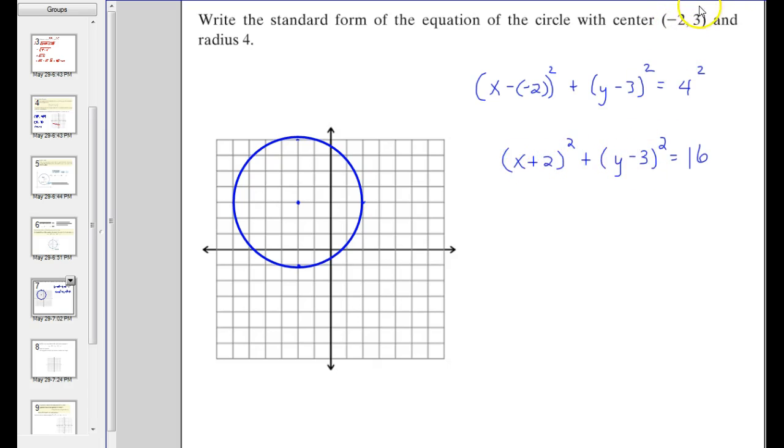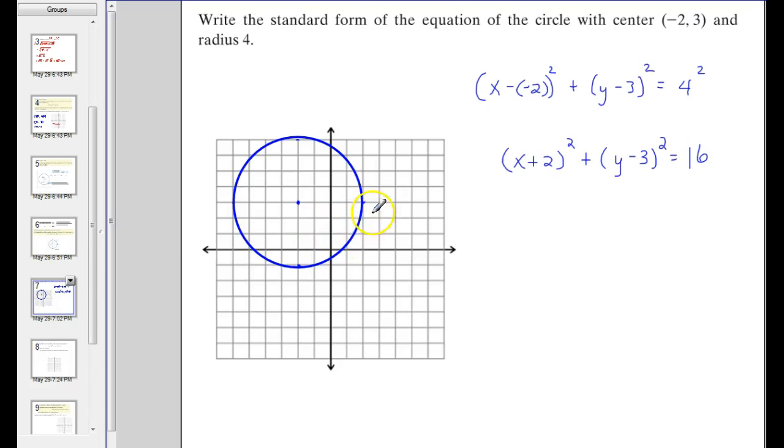You got a y minus 3, that means the center has positive 3 as its y coordinate. So change the signs in either direction. If you're given the formula and you're plotting it, or if you're given the center and the radius and you come up with the formula of the equation, you need to be able to understand that sign change that takes place between the point and what shows up in the equation.